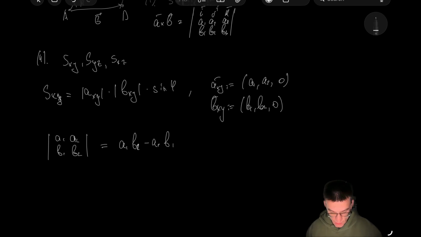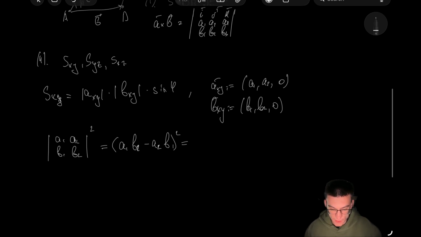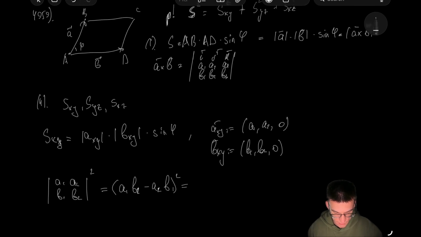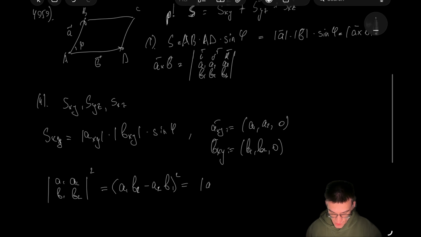But what is that? It is exactly our Lagrange's identity. If we try to find the square of this determinant, by Lagrange's identity, a, b, c, d, yes, exactly, that would be equal to the magnitudes of vector a and vector b squared, minus the square of their scalar product.